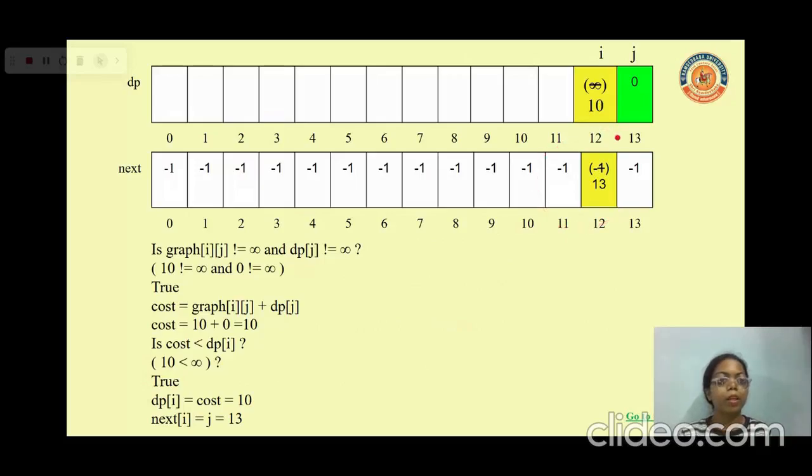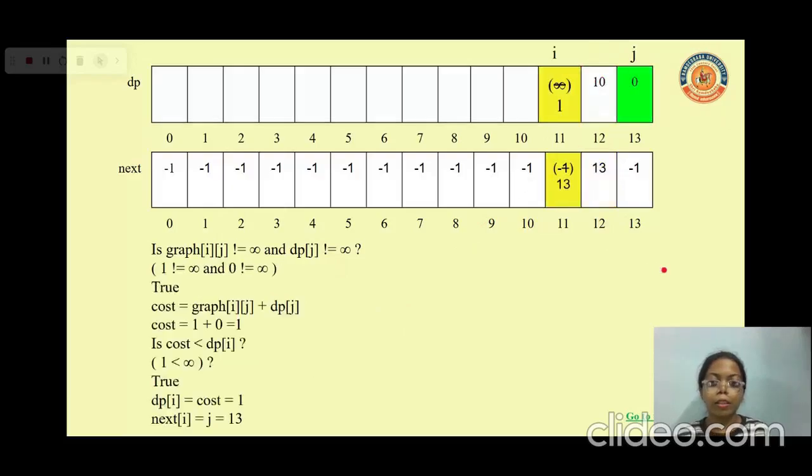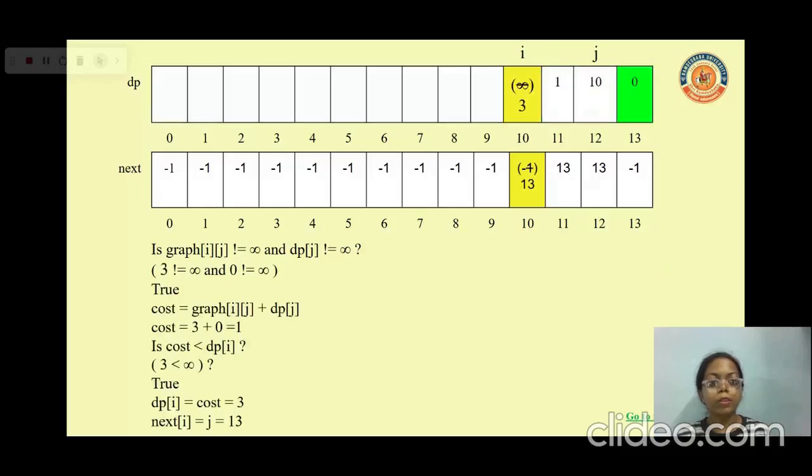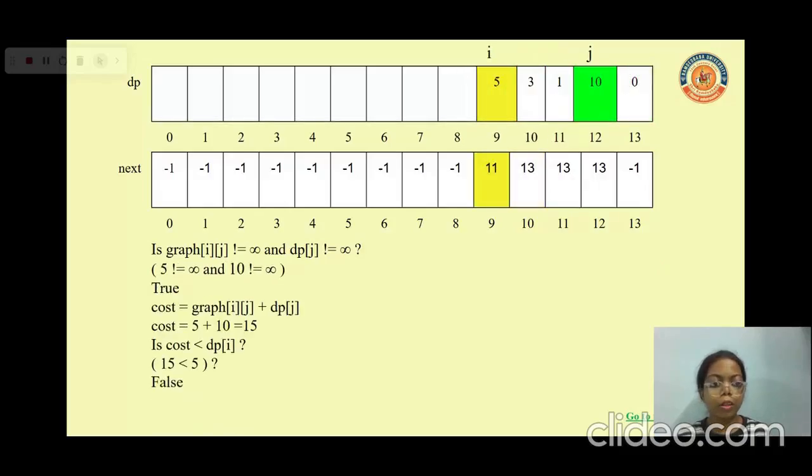So here we have started with 12 because we already know the 13 to 13 cost, which is 0. So for the first condition, 10 is not infinity and 0 is of course not infinity. This will be true, and we are updating cost, dp of I will be updated, and next will also get updated to 13, and we will continue this till all the iterations we have.